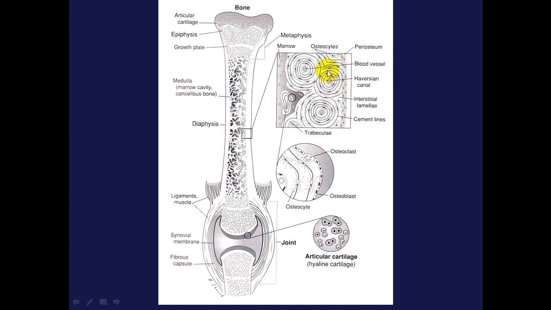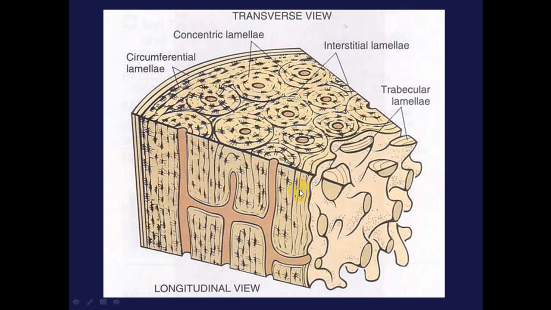In this bone canal, there are many attached osteoclasts and also osteoblasts. This is a closer transverse view of the bone. This is the Haversian canal here. There are layers, we call it the concentric lamella, and then this is the circumferential lamella.